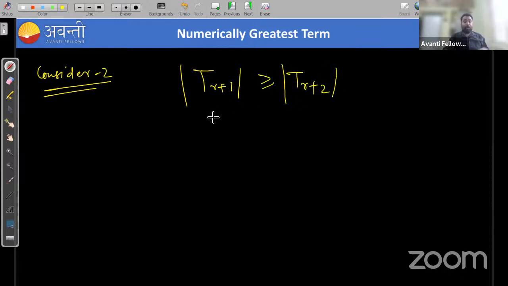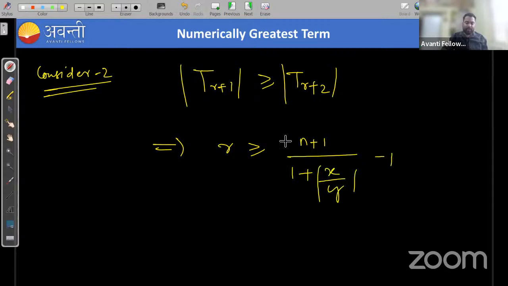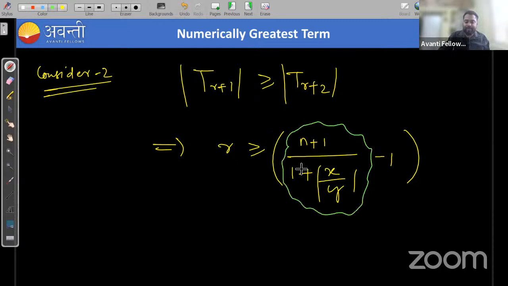If we follow the similar process, you will get one result, that r will be greater than or equal to (n plus 1) divided by (1 plus mod of x by y) minus 1. You will get this, right? And this is my m. Already we have taken this as my m.